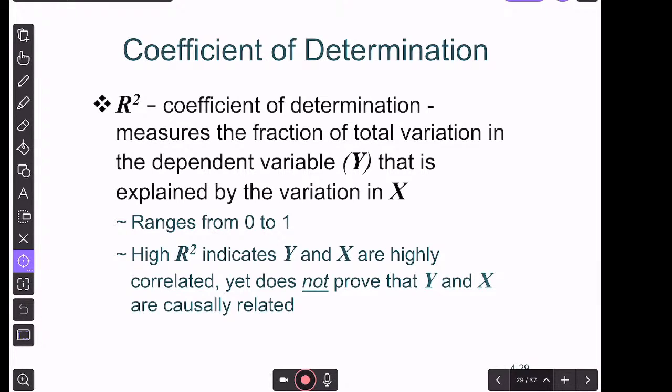A high R squared, so for instance, R squared is basically just taking R that we talked about last class, right? Well, in the review. R was an index, remember, between 0 and 1.